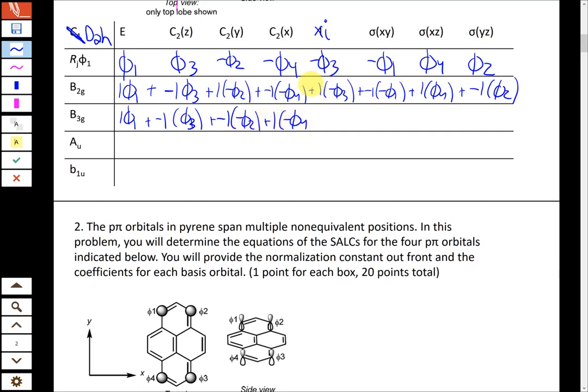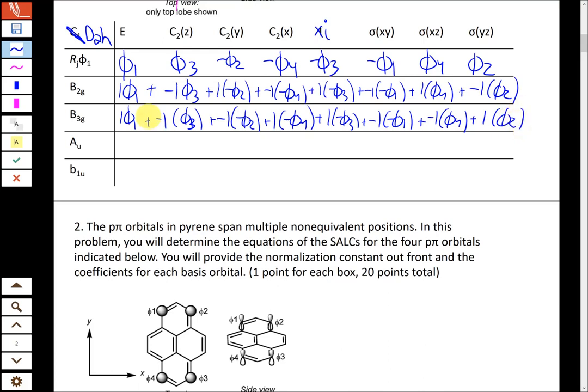Again, what we're doing is just taking the characters from that representation and multiplying them by the results from the first line up here. Then we get the same repeating pattern: 1 times minus phi 3, minus 1 times minus phi 1, minus 1 times phi 4, and then 1 times phi 2.